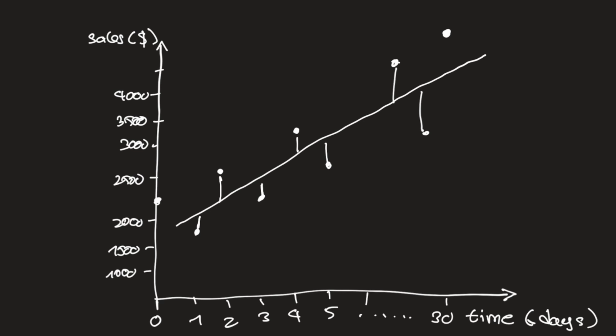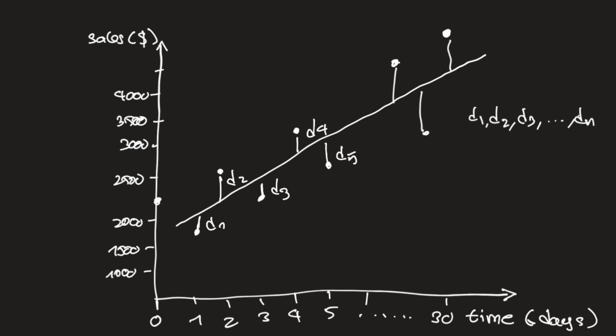See, so here we have a collection of distances, and this is distance number 1, distance number 2, distance number 3, distance number 4, distance number 5, and so on, until you get to day 30. What you want to find is the line that minimizes a sum of all these distances.